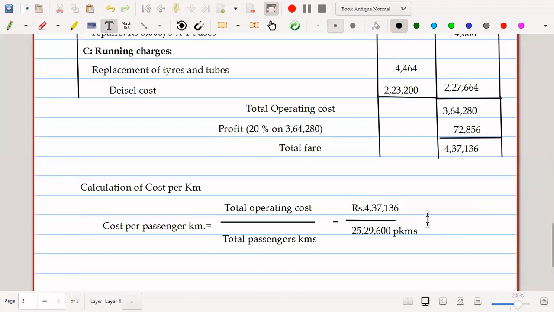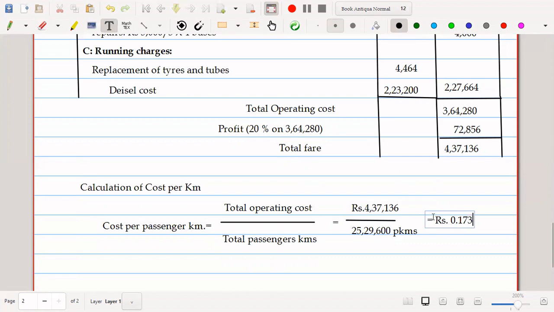It comes to, let's check out, rupees 4,37,136 divided by 25,29,600. It comes to 0.173.